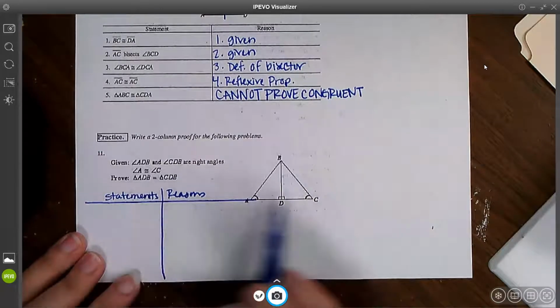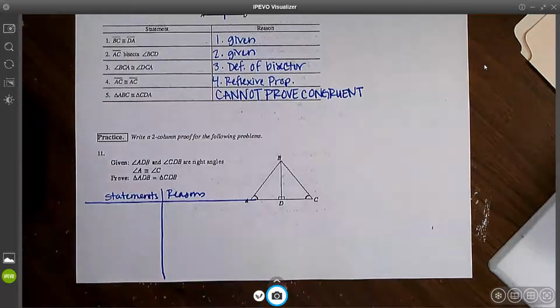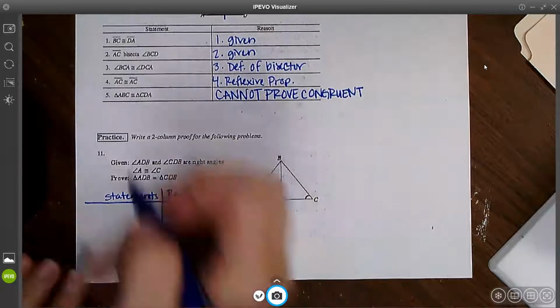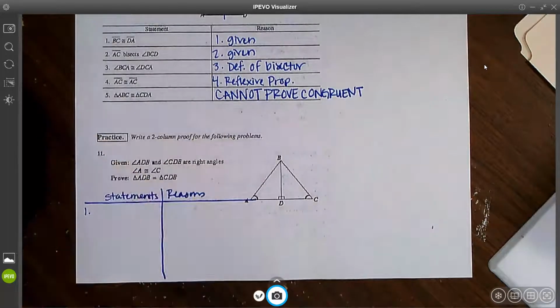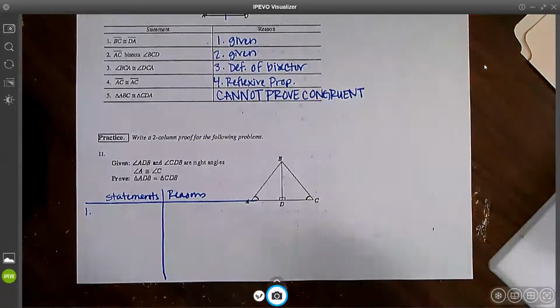And it says that angle A is congruent to angle C, which is also noted. We want to prove these two triangles congruent to one another. So I'm going to start with my given. I usually combine my given into one statement, but for the sake of clarity on what we've done before, I'm going to go ahead and split it up.